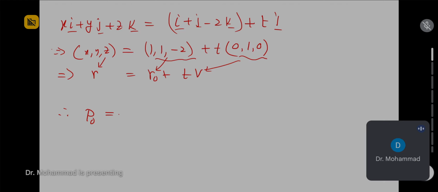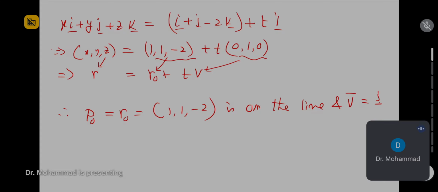P naught here is R naught, and that is 1, 1, and minus 2. So this is the point on the line, okay? And the vector V, what is V?